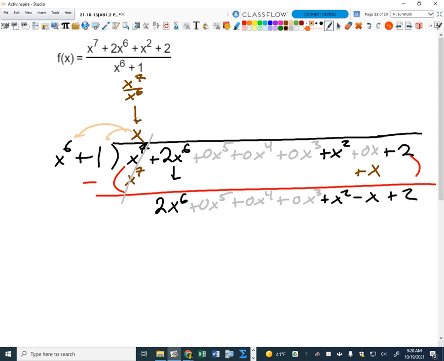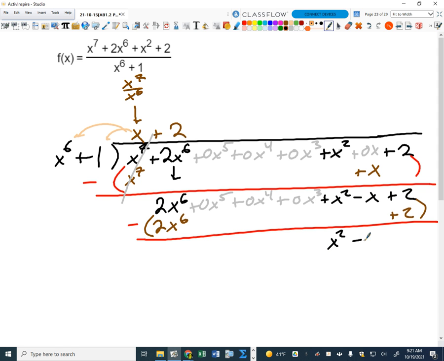So how many times does x to the 6th divide into 2x to the 6th? 2. So we get plus 2. We distribute the 2. I get 2x to the 6th plus 2. And I'm going to subtract that whole thing. So those cancel. I just get x squared minus x, and that's it.